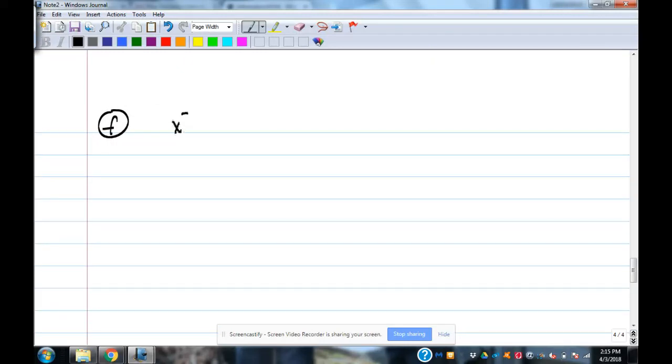All right, so let's look at this one. Say we had x squared minus 6x plus 8 equals negative 4. So I'm going to add 4. That gets me x squared minus 6x plus 12 equals 0.